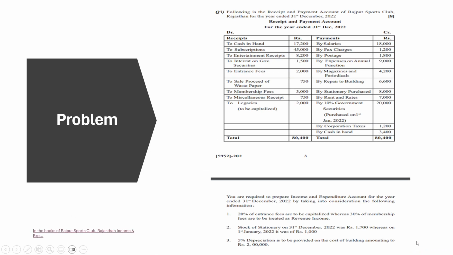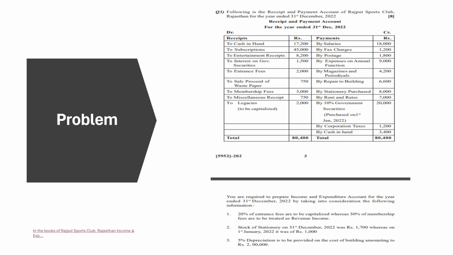Now next one is given there. Entrance fees. How much is the entrance fees? 2000. So there is an adjustment on that. What is mentioned there? 20% of entrance fees are to be capitalized. So from this 2000, 20% entrance fee we have to capitalize.